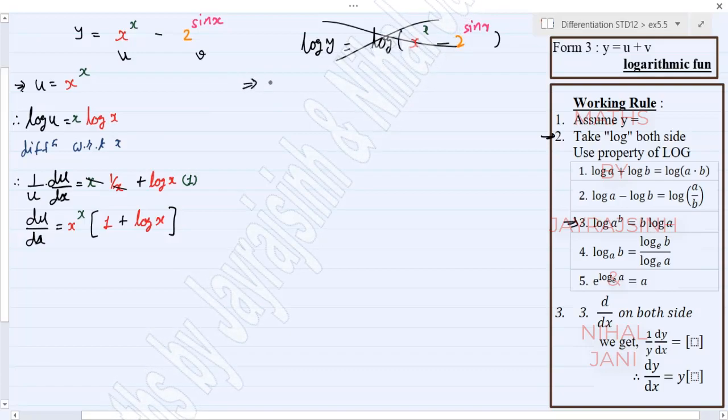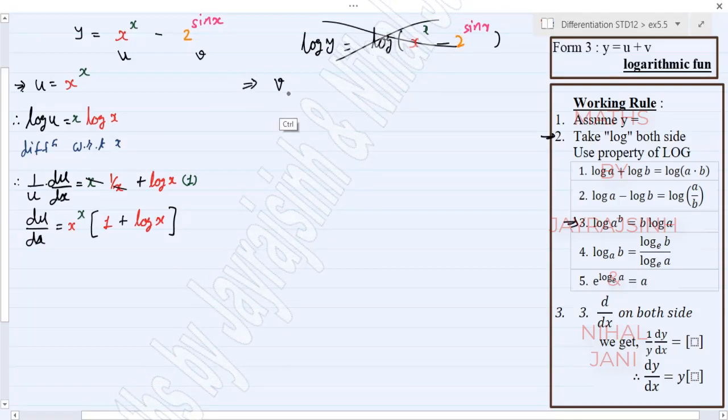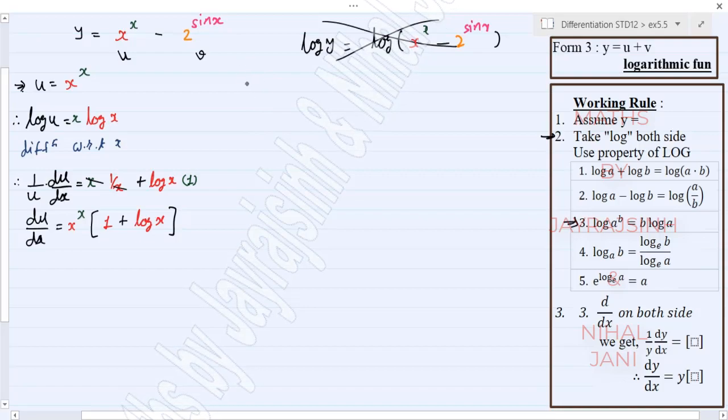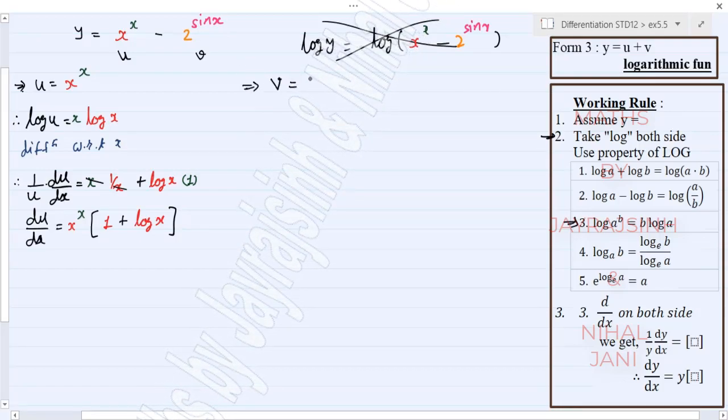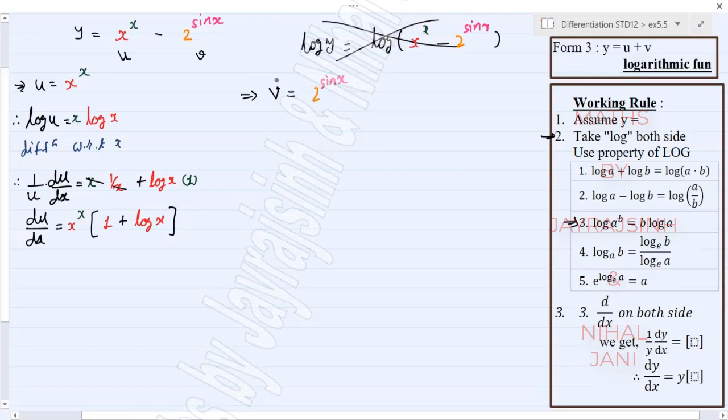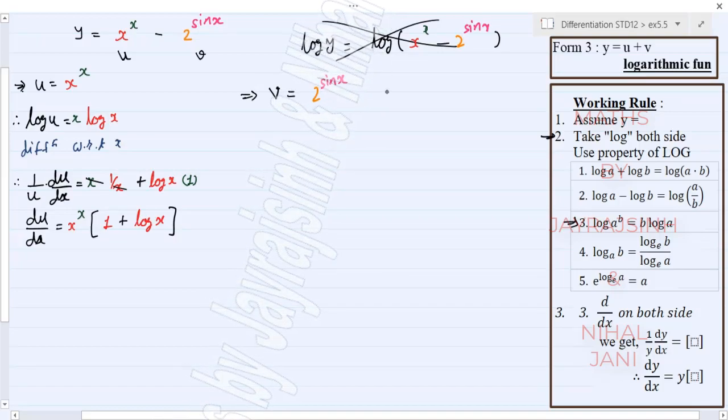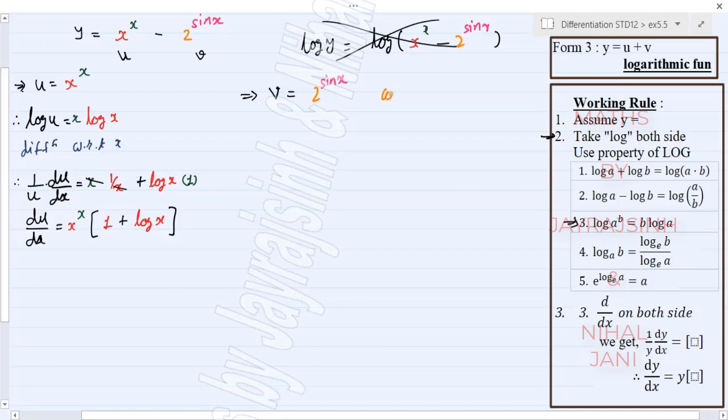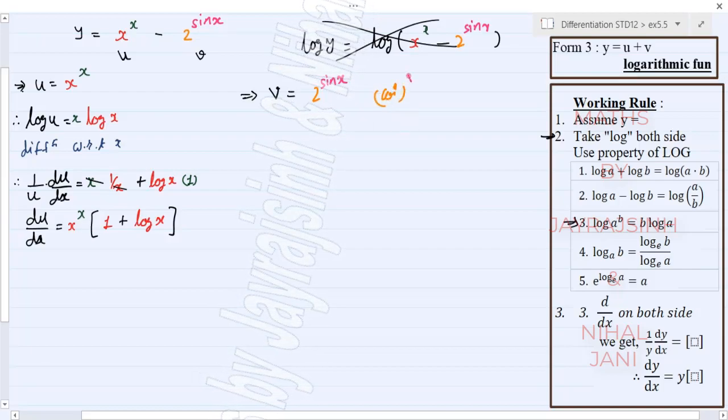Now let's try to differentiate our second term, which is v, which is 2 raised to sin x. Our v is 2 raised to sin x, which is actually in the form of constant raised to variable.